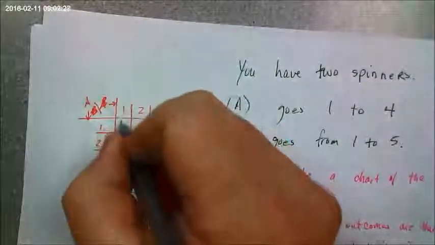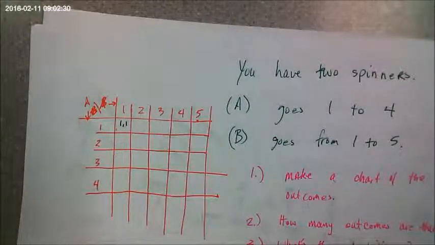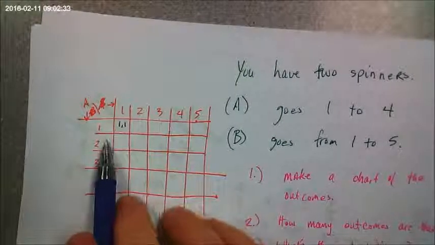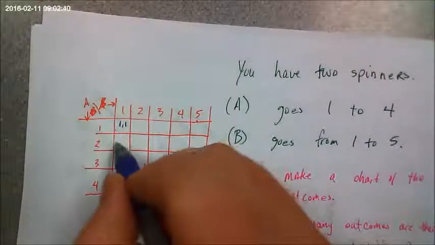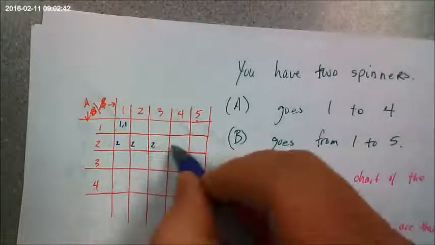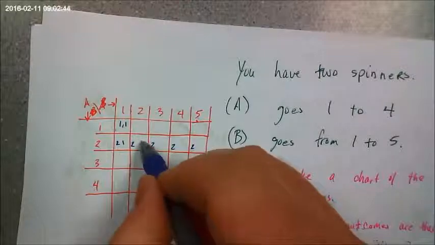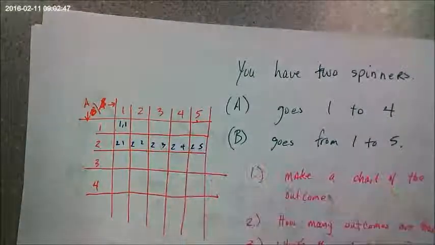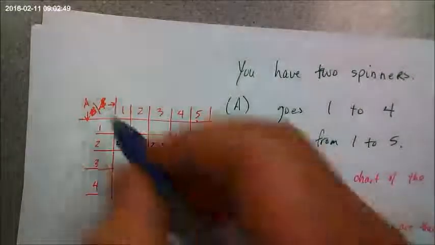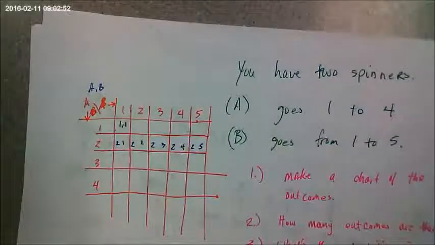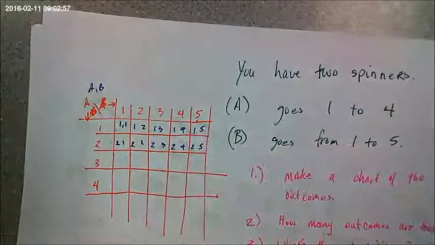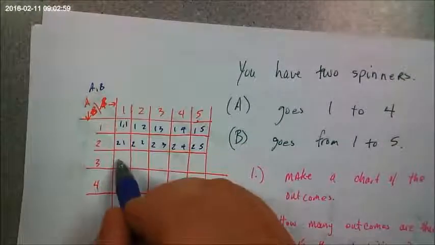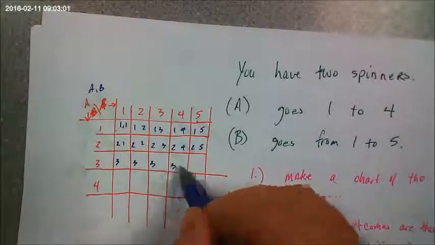This would be 1, 1, of course. Which letter are we going to put first, A's or B's? It doesn't really matter. You pick. A, and A goes down. So then 2, 2, 2, 2, 2. You see how this would be 1, 2. It goes like A, comma B. And so this would be all the 3's.